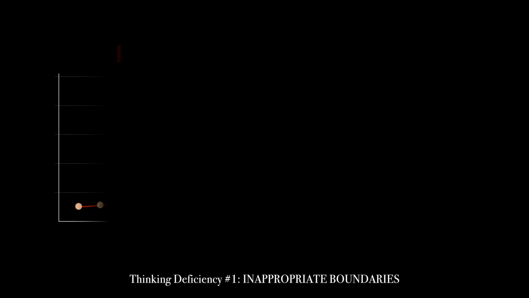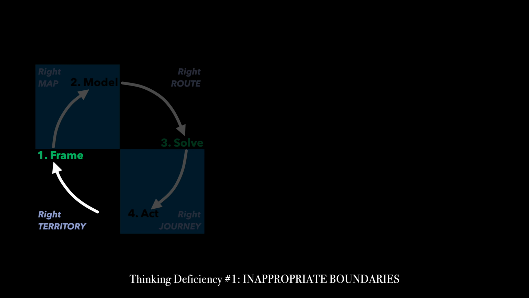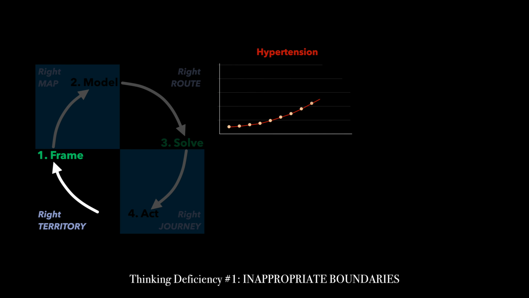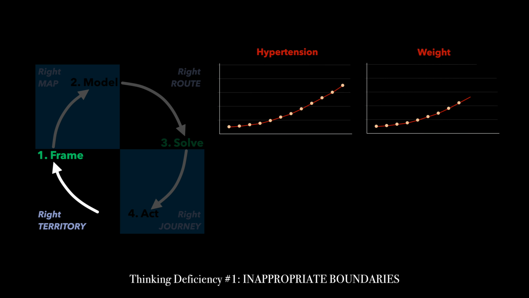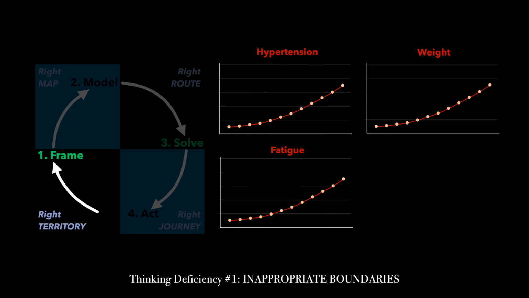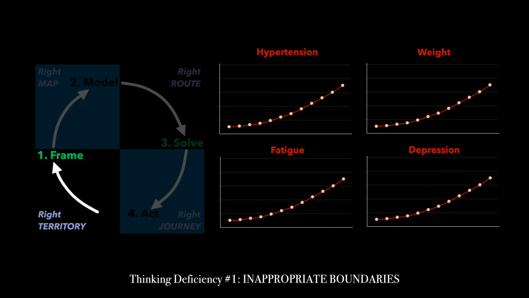But that's only part of the boundary problem, because my health isn't isolated to just hypertension. If I looked, I could see similar trends in weight, sleep, fatigue, natural insulin levels, depression, and others. These issues have also been worsening for years, if only I looked. Unless I see hypertension connected with other trends, I can't develop the right map.